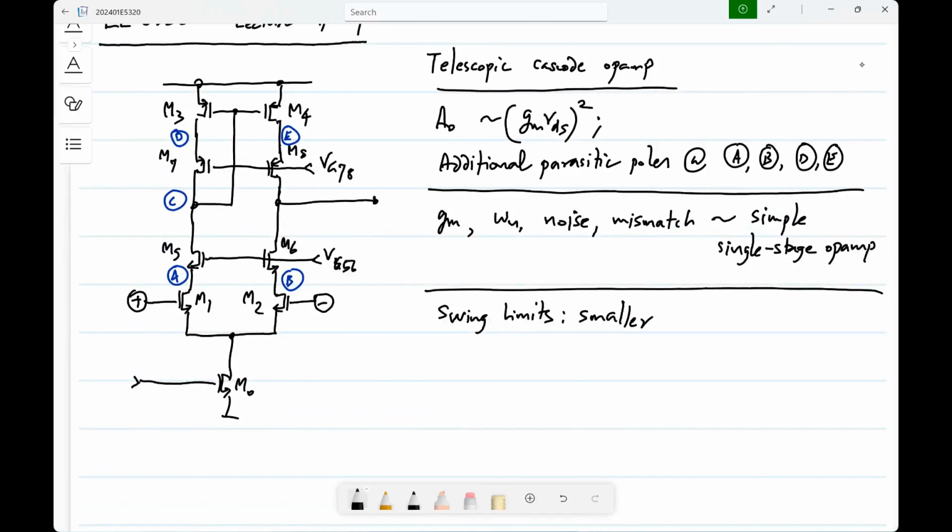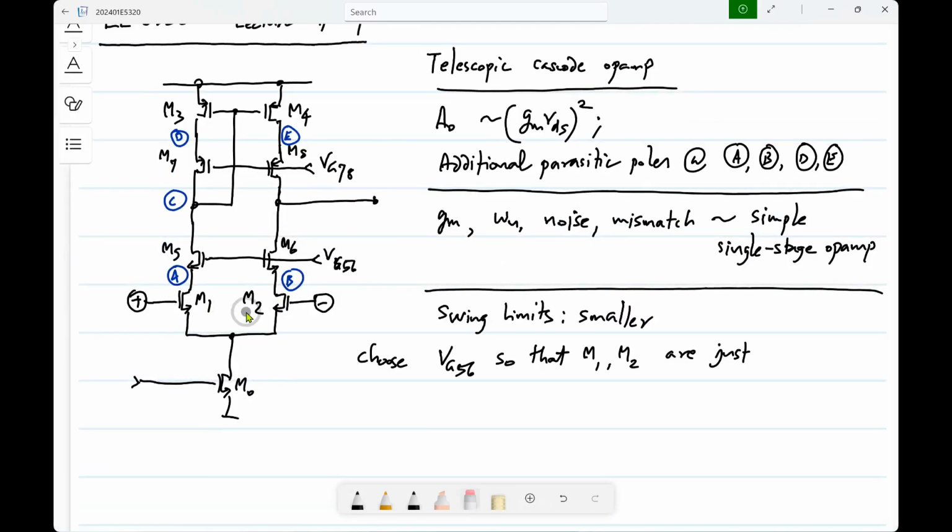And I'll just say you choose VG56 so that M1, M2 are just in the saturation region, because that's what happens, right? If you lower VG56, nodes A and B, their voltages will reduce, and M1 and M2 get pushed into the triode region.